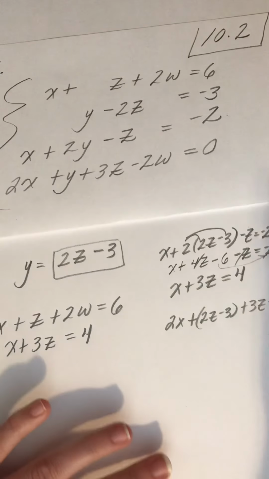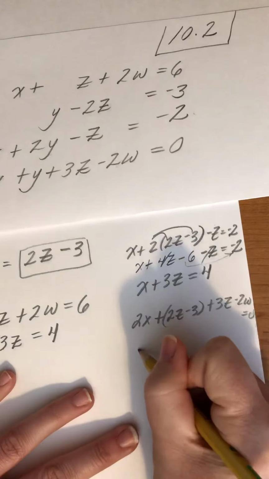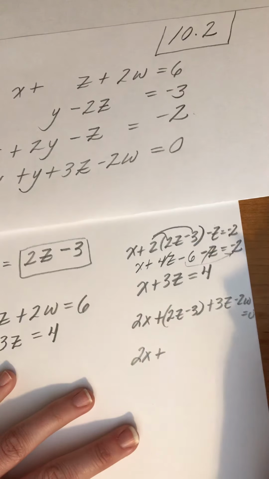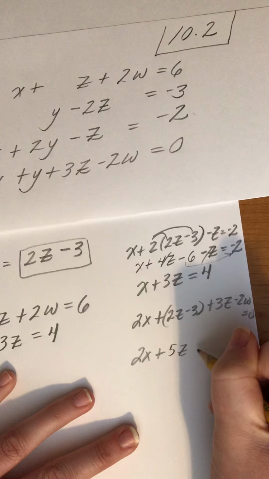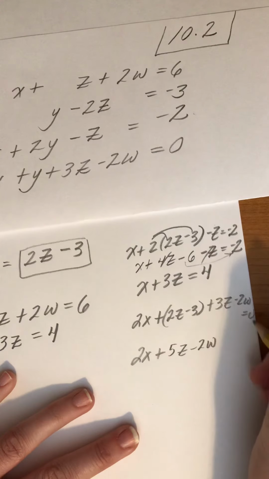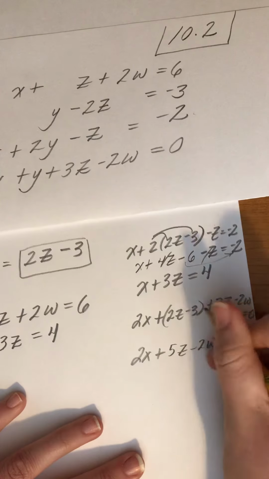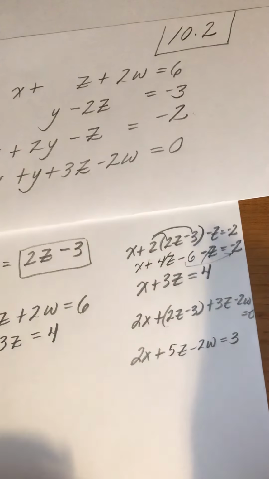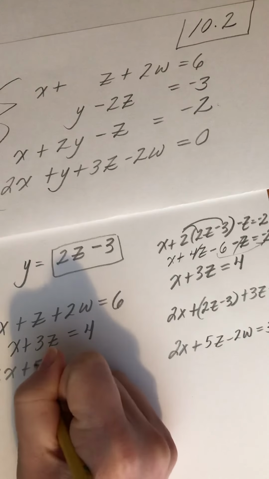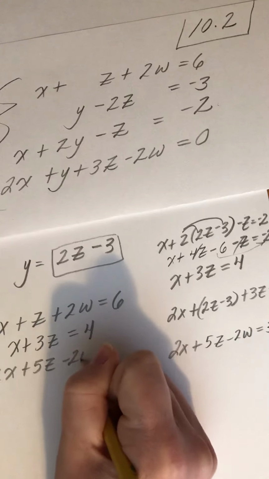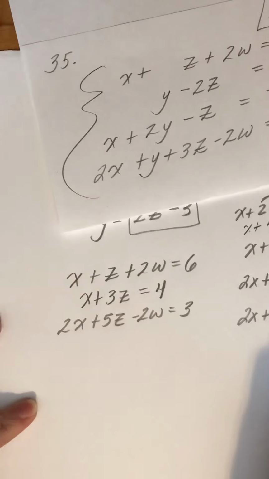So combining like terms here, we would have 2x plus, looks like we would have 5z's, and then we would have minus 2w's, and then minus 3 equals 0. So I'm going to add 3, so equals 3. So now I'm going to place that right here. 2x plus 5z minus 2w equals 3. All right, let's go back to here.